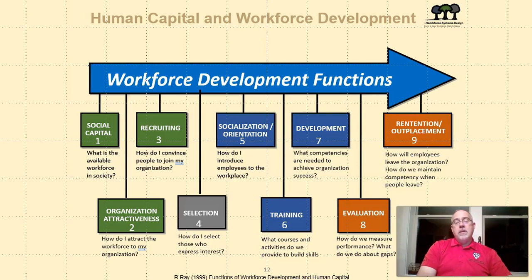And really more than just the outplacement of staff, but when knowledge leaves or when someone retires or someone's replaced or someone leaves due to performance, there is a body of knowledge that they have that you have to be able to capture so that you have consistency and stability in your workforce development process. So retention and outplacement is the ninth function that we often talk with our clients about.